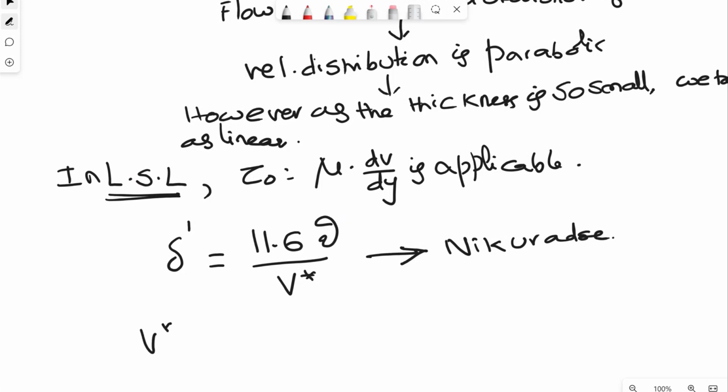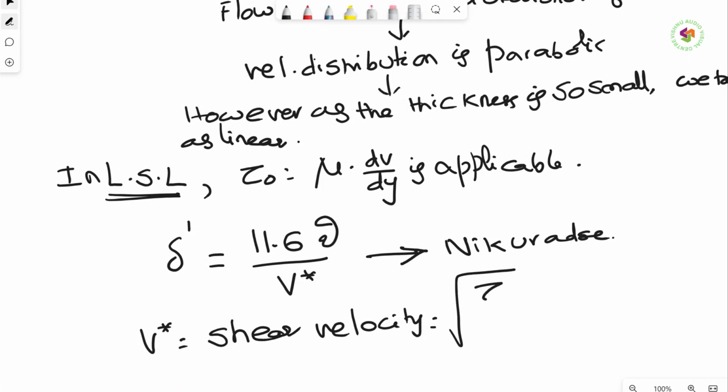What is v star? It is called the shear velocity, which is equal to root of tau naught by rho. And nu is nothing but kinematic viscosity.